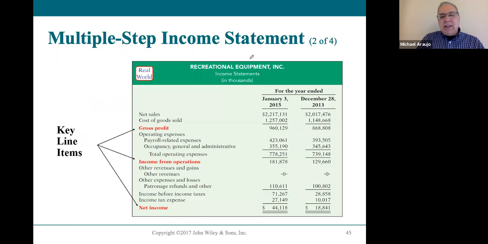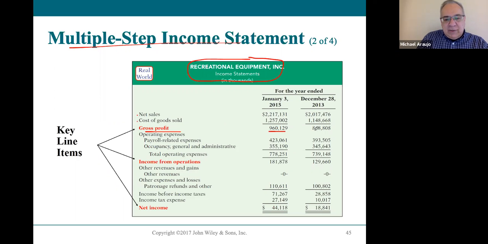So here is the recreational equipment, the same exact income statement, but now it's presented as a multi-step income statement. Okay. And look at the key items, right? The very first thing it does is break out the gross profit, which, as you know, is net sales minus cost of goods sold.